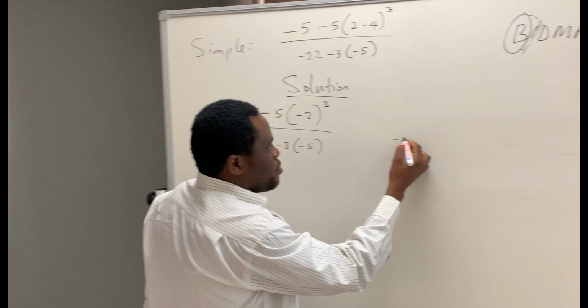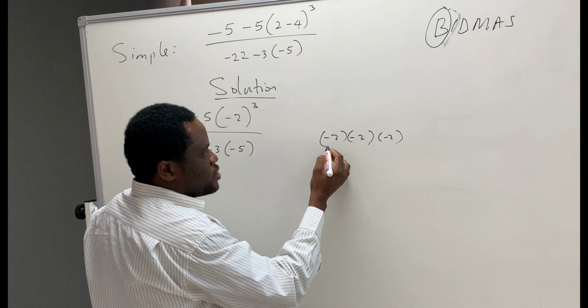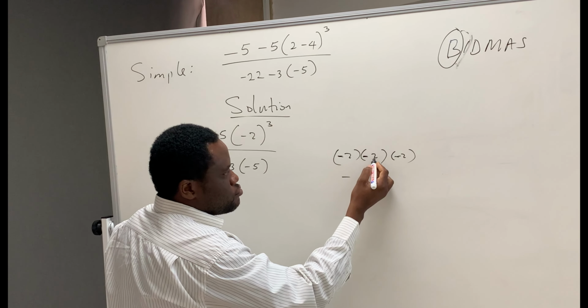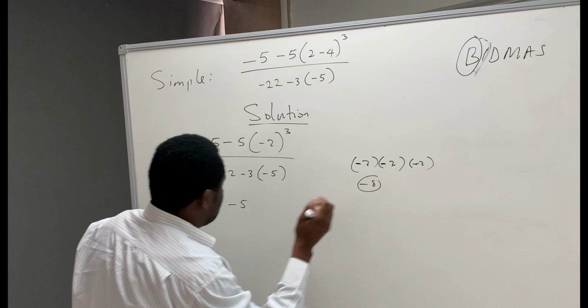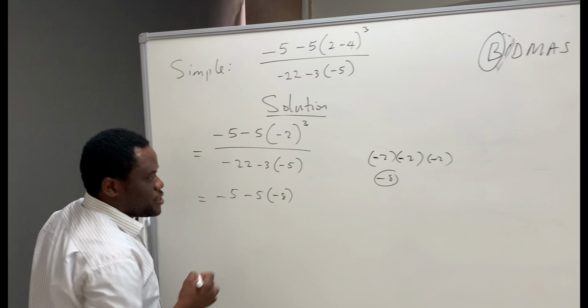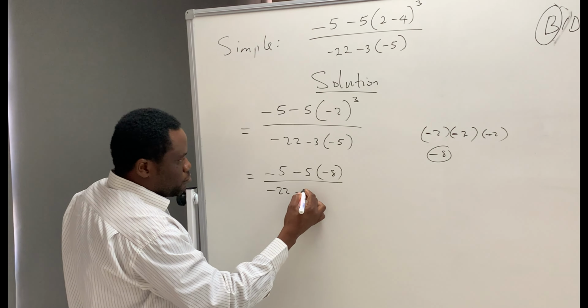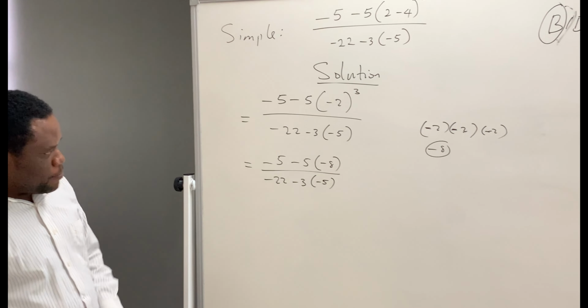Let us work it here. Minus 2, minus 2, minus 2. This gives us minus, minus, minus is minus, right? 2 times 2 times 2 is 8. So this guy gives us minus 8. Divided by minus 22 minus 3 minus 5. Okay?